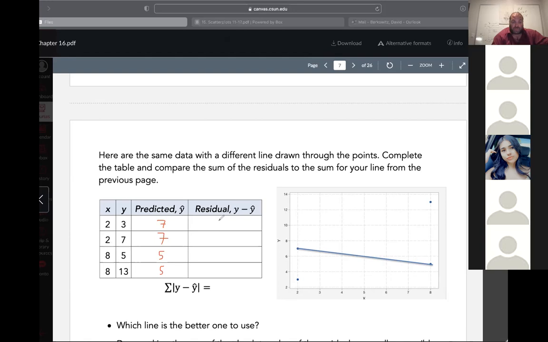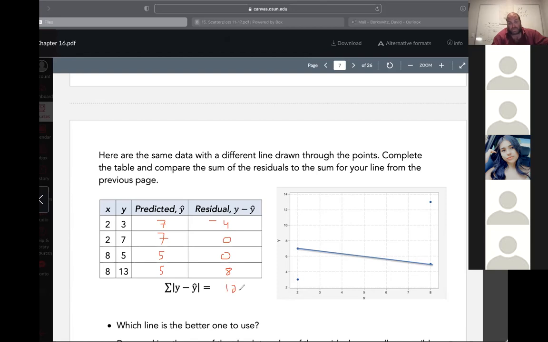So what's the residual here? -4. And this one here? 0. And this one here? 0. And this one here? 8. And when you take their absolute values and add them, what do you get? 12.